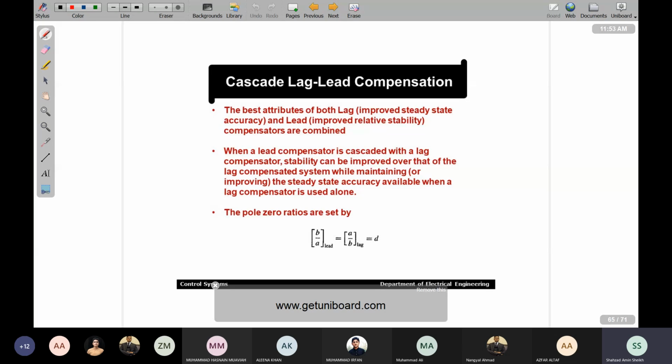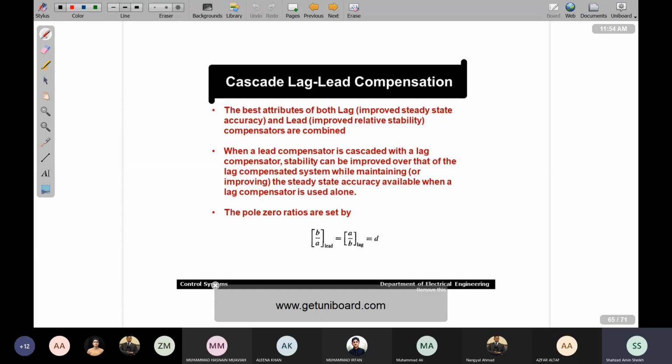Lag compensator की जो आपकी attribute है, that is improved steady state accuracy, अभी हमने इसको देखा है, और lead की है improved relative stability. So we are combining both of these and we are hoping कि हमारा जो result है वो that would be in terms of improved relative stability and improved steady state error in case of this cascade lead lag compensation.